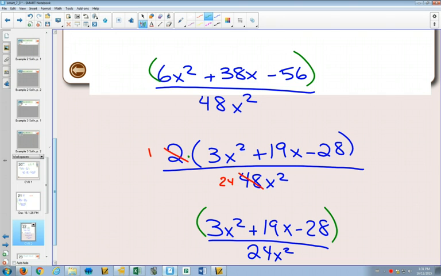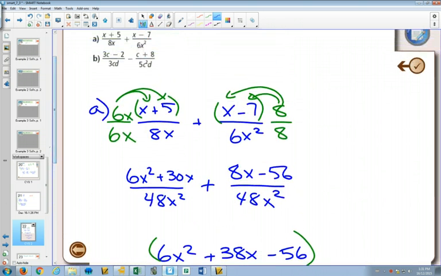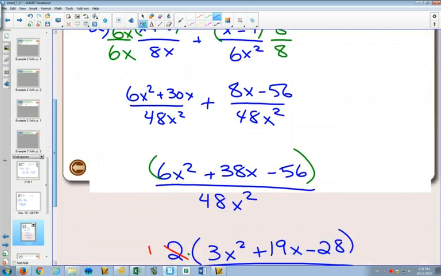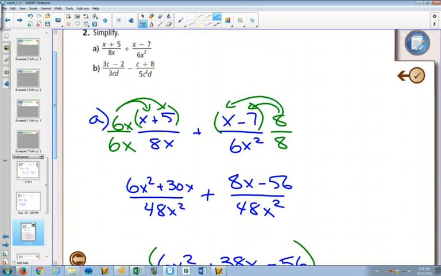Now I was really happy that you guys decided to choose 6x and 8, because that meant later on we could factor something out and reduce it to a smaller one. Sometimes you'll just look and say, this one's missing an 8, this one's missing a 6. And you got 48 on the bottom.